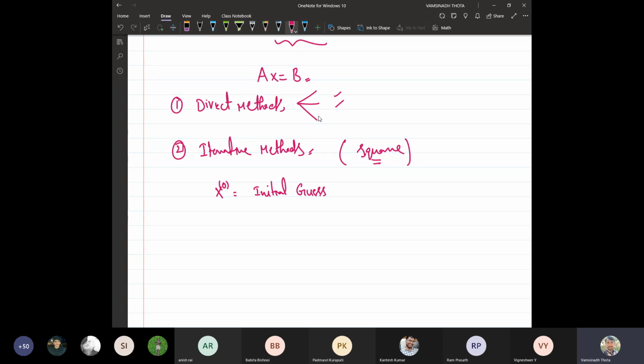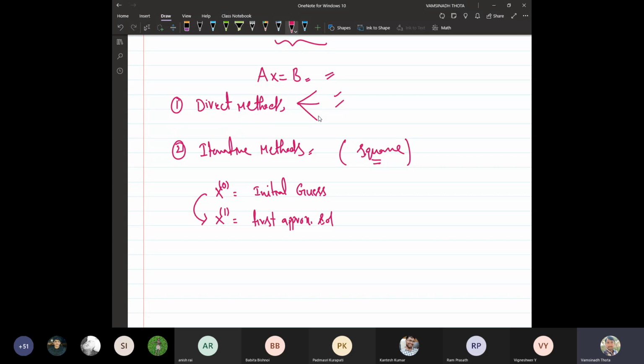It is not the solution, it is an approximate solution for the given system. Then, using some technique and with the help of the initial guess, we will find x1, the first approximate solution.